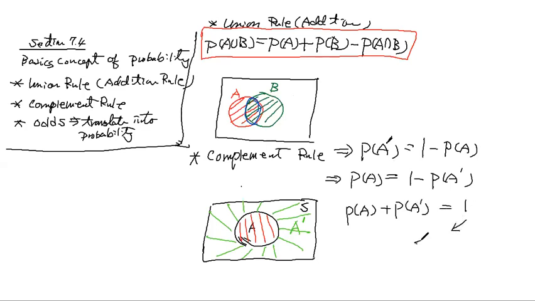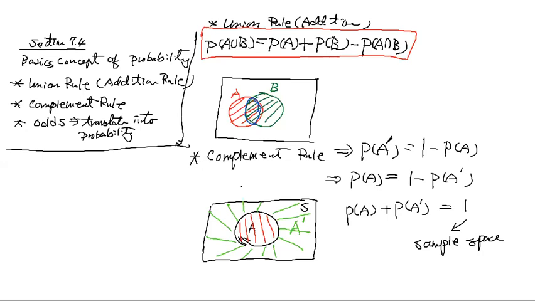Because when you add them together, the whole thing is the sample space. The sample space includes all the possible outcomes. So that's why the sample space adds up to 1. So these are the 2 very, very important rules for this section.